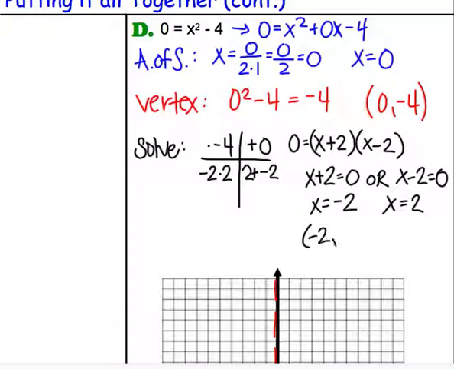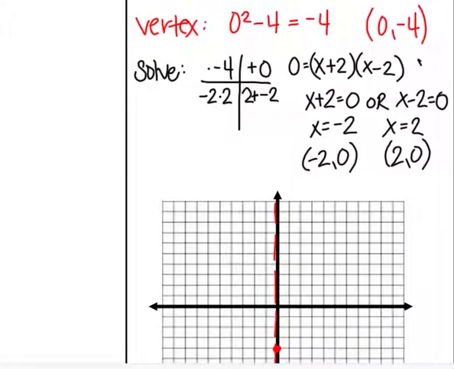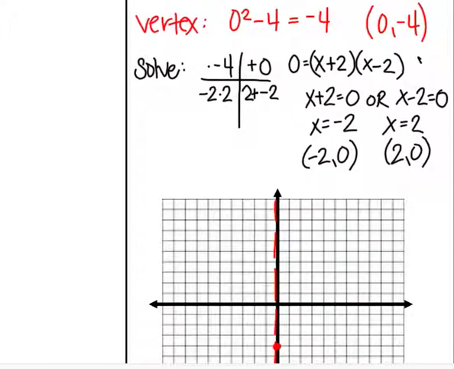So negative 2, 0, and 2, 0. And if we plot these, 2, 0, negative 2, 0.